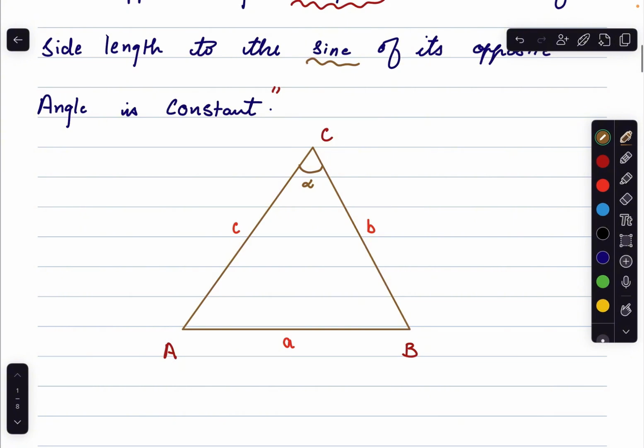Then this is side b, so the angle opposite to that would be here, angle beta. Now the third one: side c is here, and the opposite angle would be angle gamma. So we have the three angles and the opposite sides.